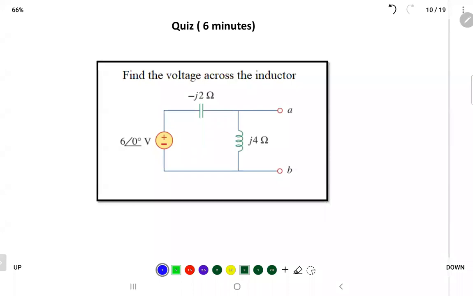One more minute. We got used to solving fast.